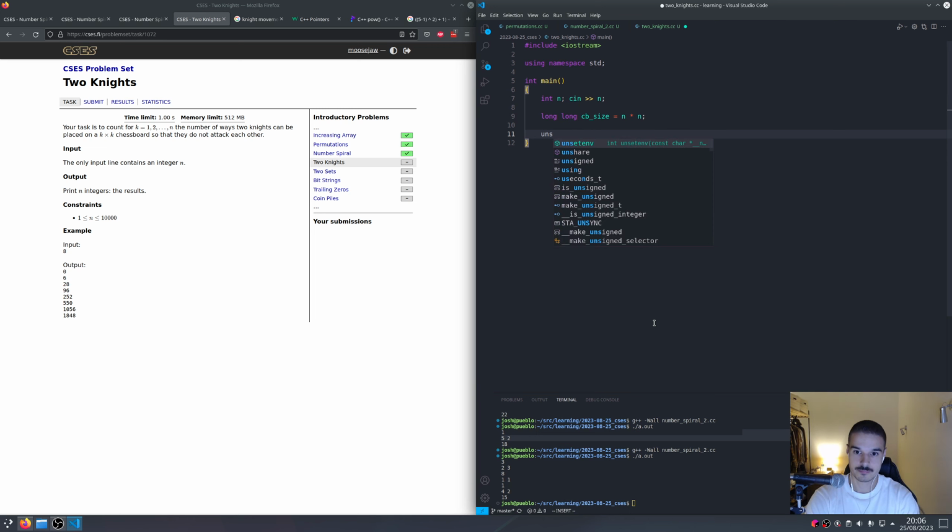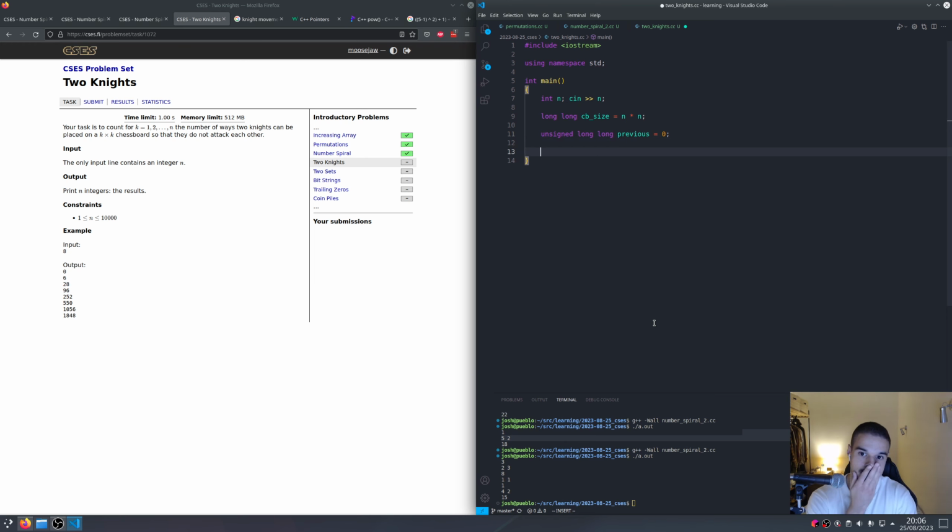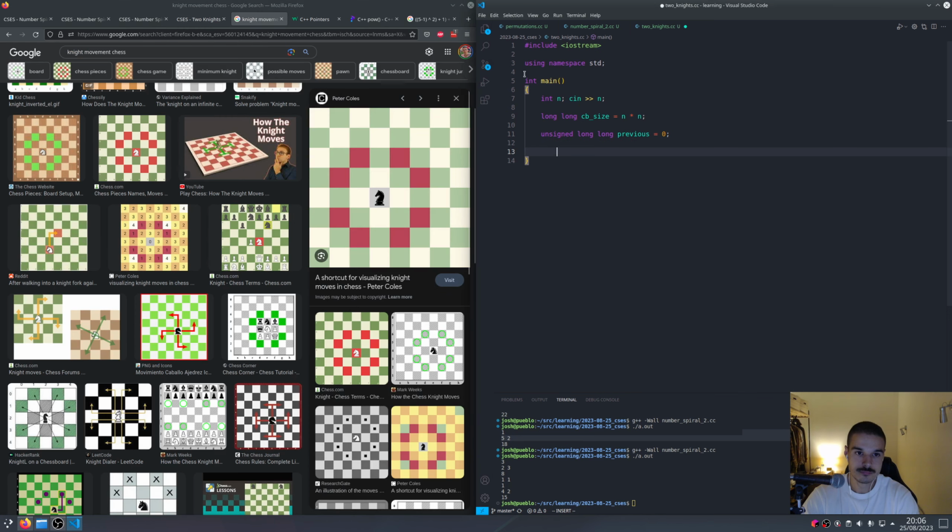It would help if I can type. I think so. This is a 7x7 chessboard.